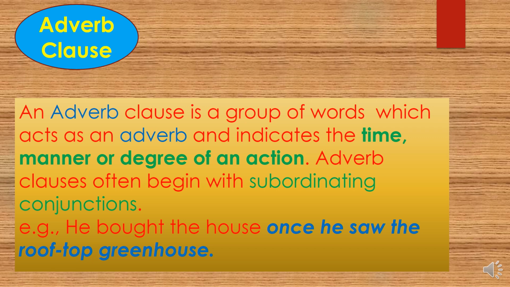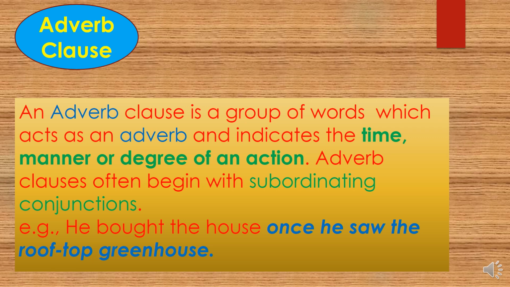Adverb clauses often begin with a subordinating conjunction. It is a very important point. You have to keep in mind that most of the time it begins with a subordinating conjunction. And what are subordinating conjunctions? Conjunctions like wherever, although, because, since, when, whenever, after, if, until, unless, once.